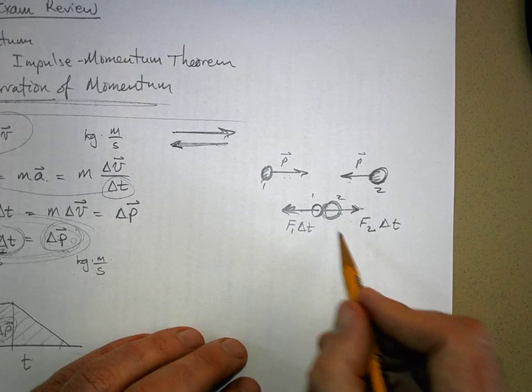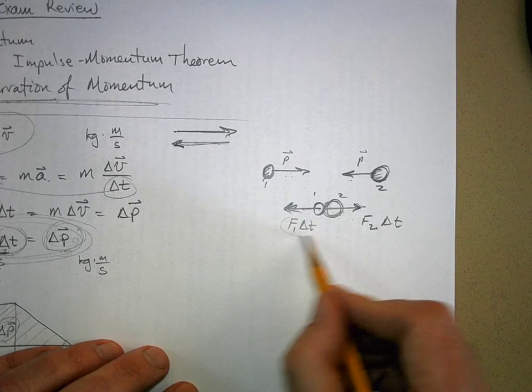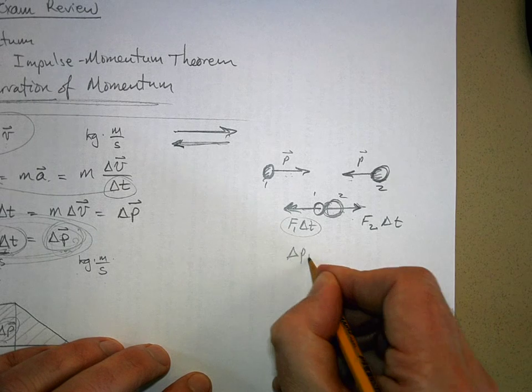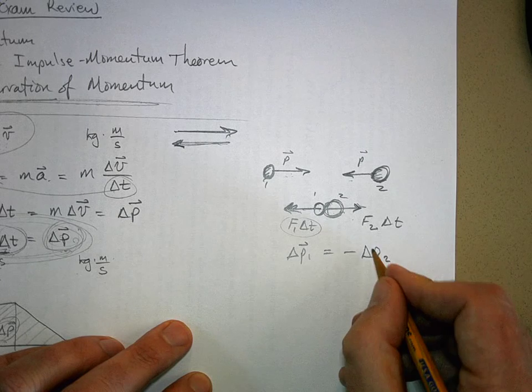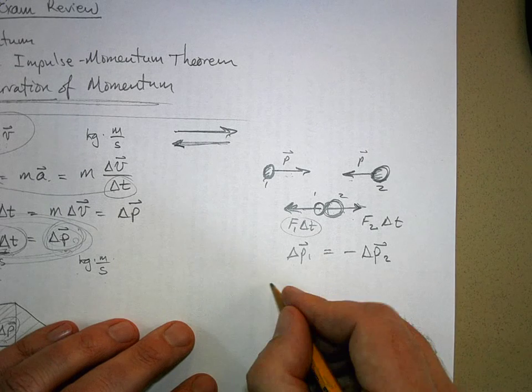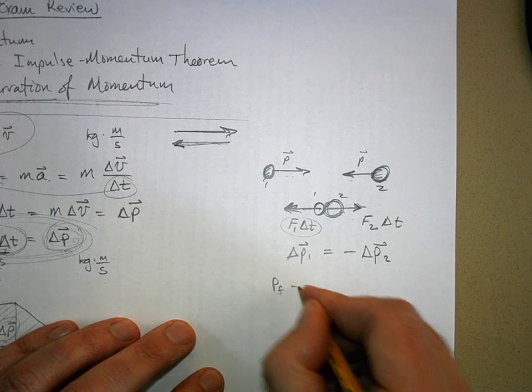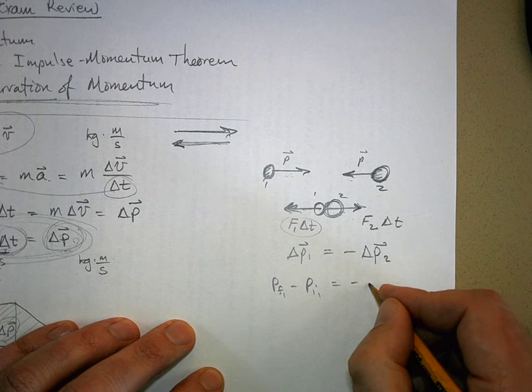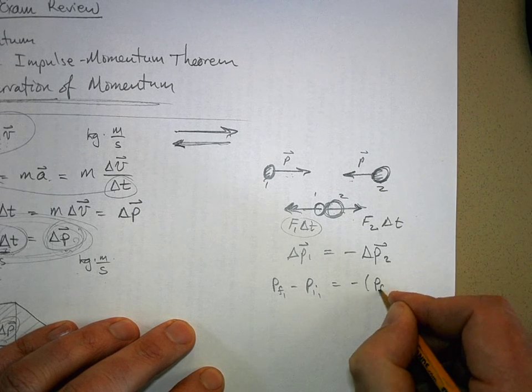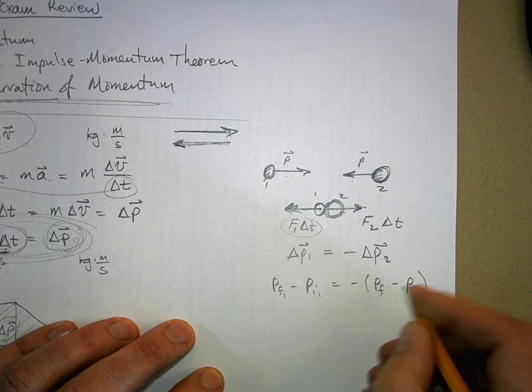And that means, with the impulse momentum theorem, that the change in momentum of object 1 will be equal, but in the opposite direction as the change in momentum of object 2. Well, this is P final minus P initial for object 1, and this is minus P final minus P initial for object 2.